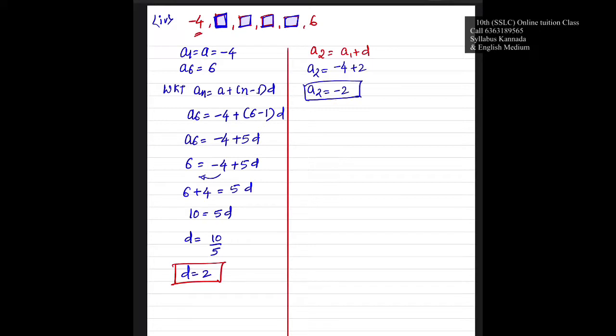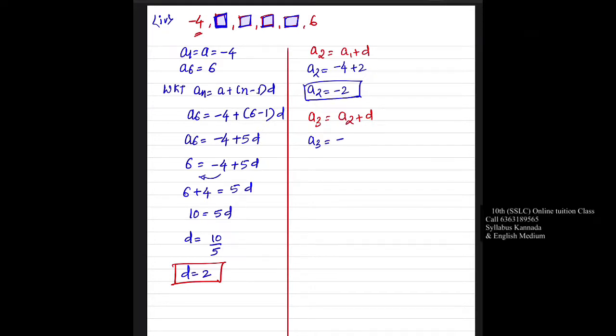Is it clear? So similarly a3 is equals to a2 plus common difference. a3 is equals to a2 is -2, common difference is +2, so these cancel each other, a3 is 0.